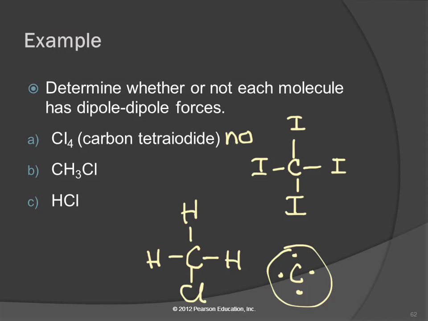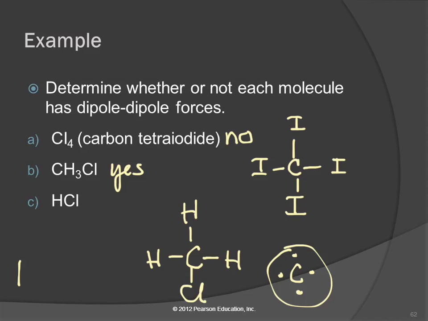So even though it doesn't have any lone pairs, one end is different. And so it's not a symmetrical molecule in terms of electronegativities, with this big chlorine on one side and the hydrogens around the other sides. So this is a polar molecule. Does it have dipole-dipole forces? Yes, because all polar molecules have dipole-dipole forces.